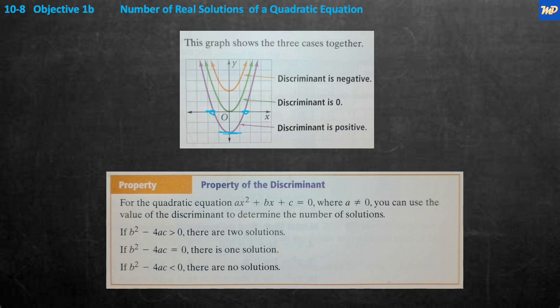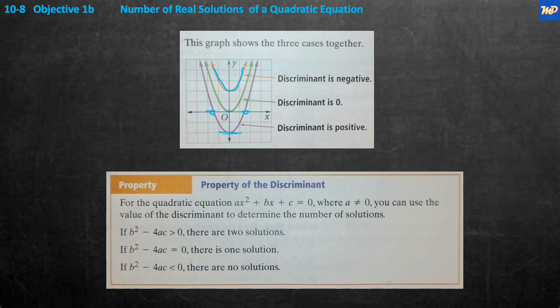If the discriminant is 0, the vertex is right here at the line, touching it only in one spot. And if the discriminant is negative, you see that the graph of the quadratic is floating above the x-axis. It doesn't touch it. And to read the property of the discriminant, read this again.